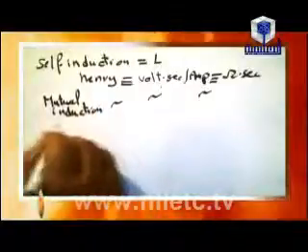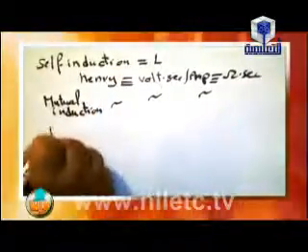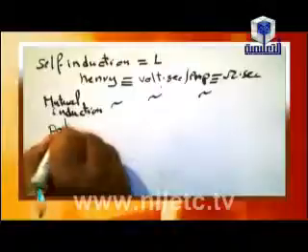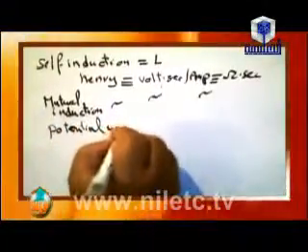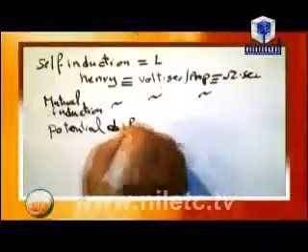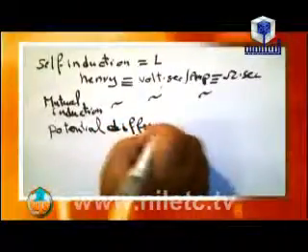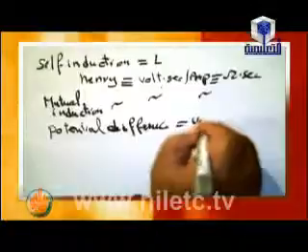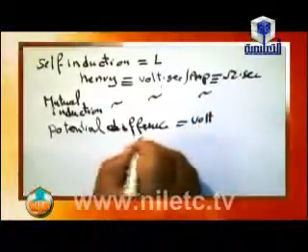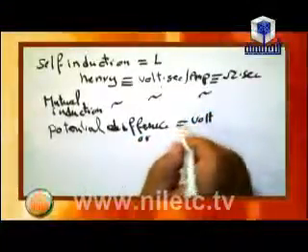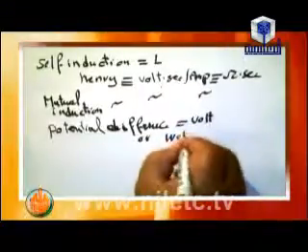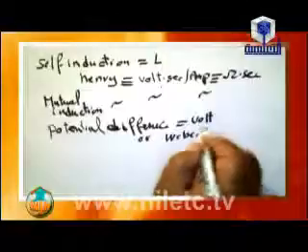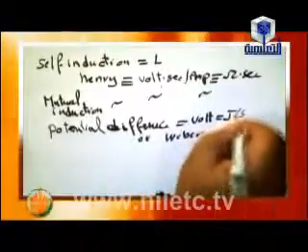The unit also for potential difference is volt, which is equal to Weber, which is equal to joule per second.